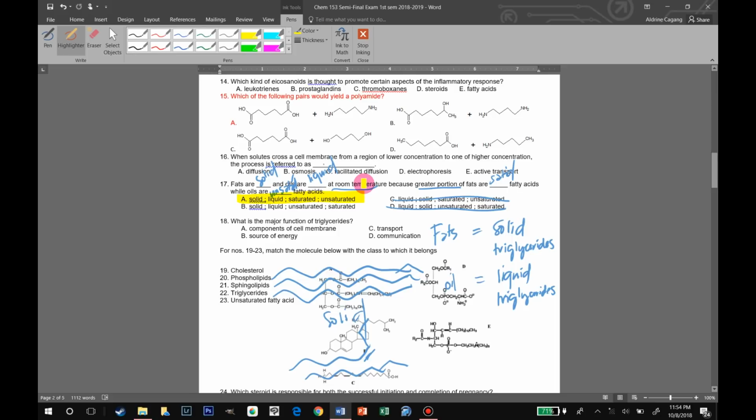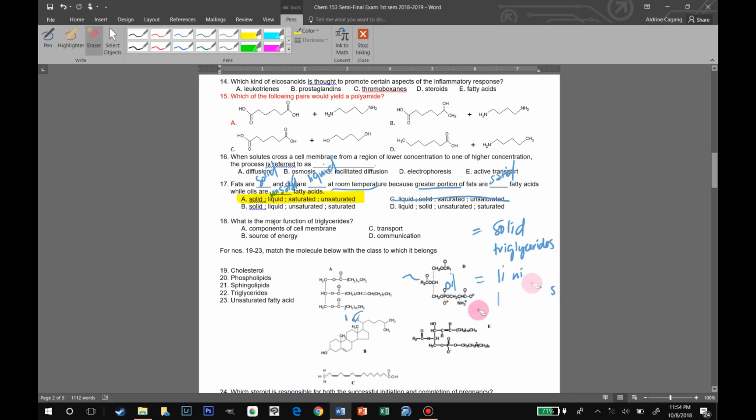Number 18, which is the major function of triglycerides? You have letter A, components of your cells, B, source of energy, C, transport, D, communication. So your triglycerides in your body, they can actually have a number of functions, but your triglycerides are mainly used as sources of energy.